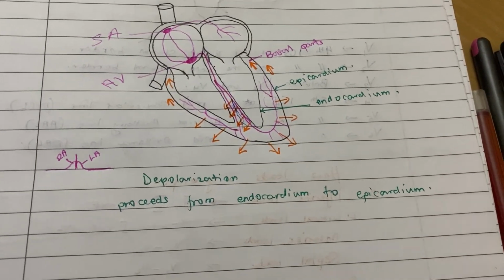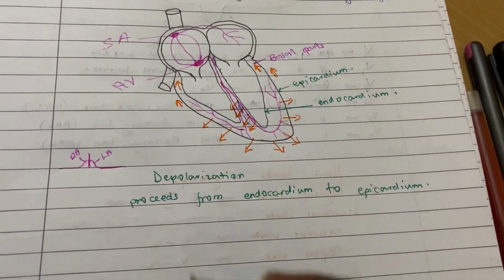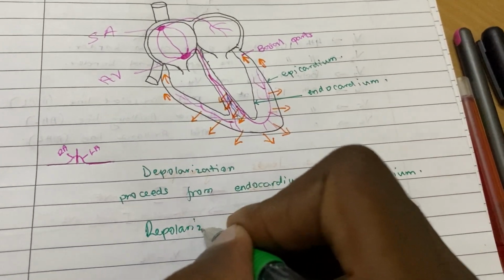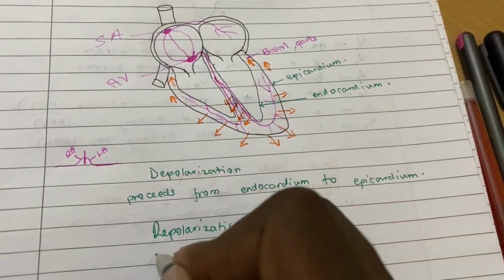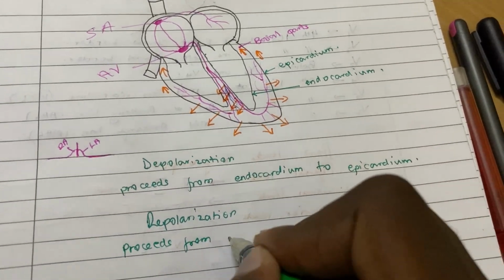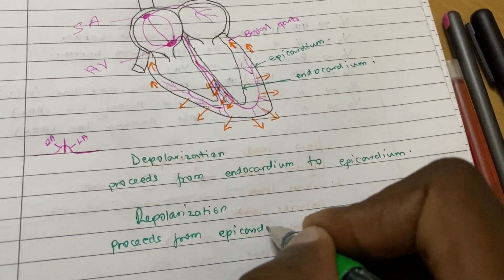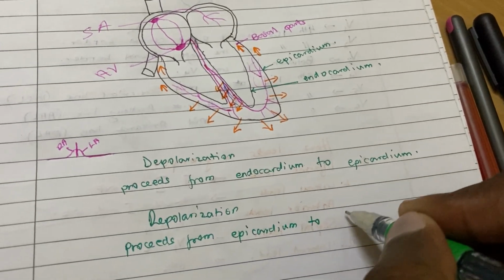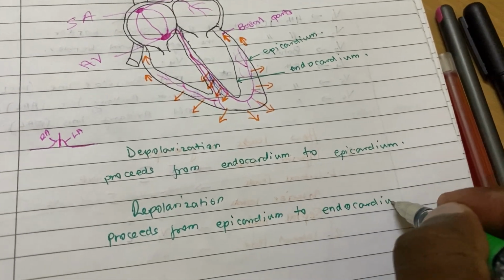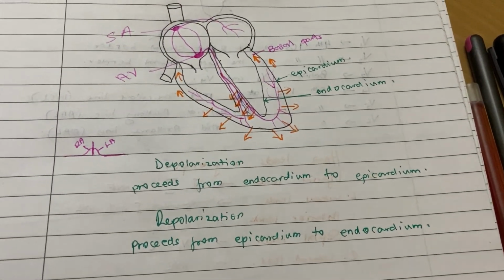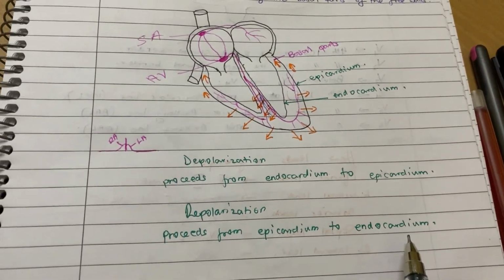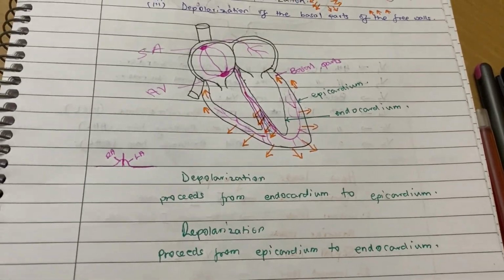Depolarization alone does not complete the cardiac cycle; we have repolarization. Whereas repolarization proceeds from epicardium to endocardium. The reason for this is a bit advanced, but it is just in the direction of the action potential.